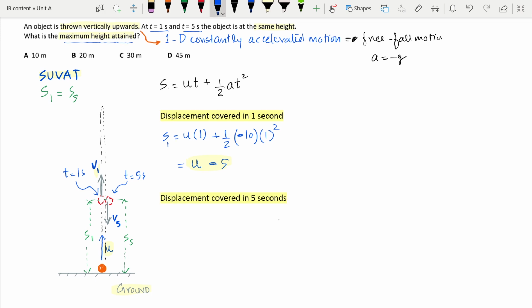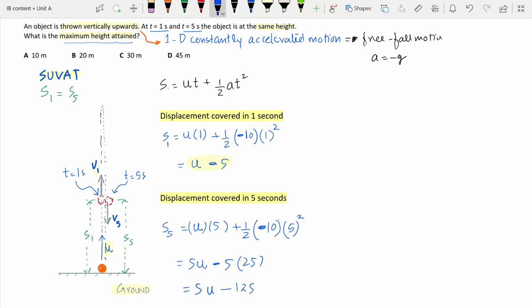The displacement covered, s5, is equal to the same initial velocity into the 5 seconds plus 1 over 2 a, where a is negative g, which is negative 10, into the time squared, that is 5 squared. So it becomes 5u minus 5 into 25, which is 5u minus 125.